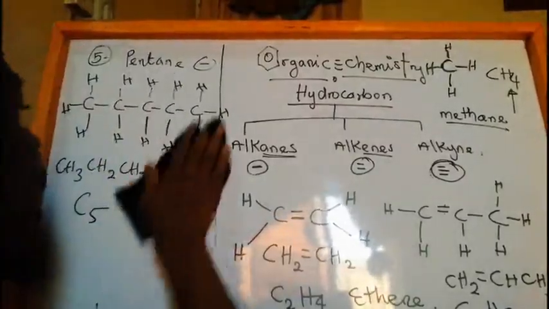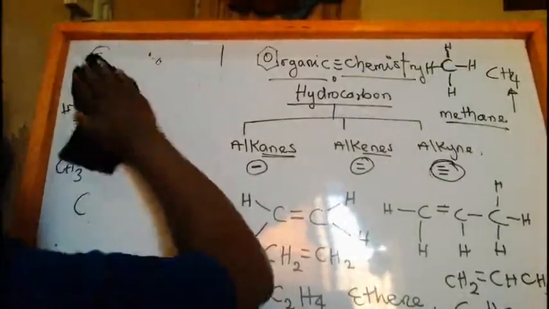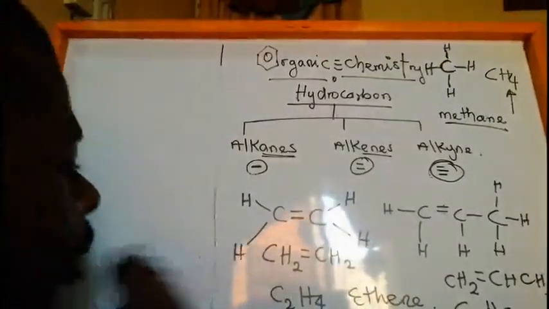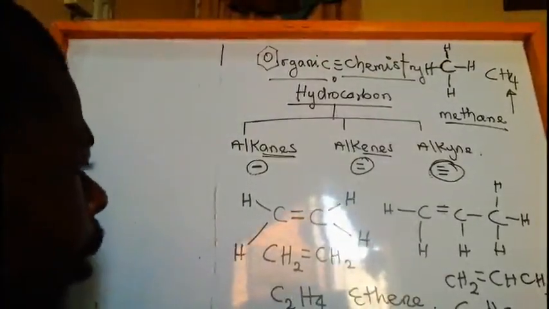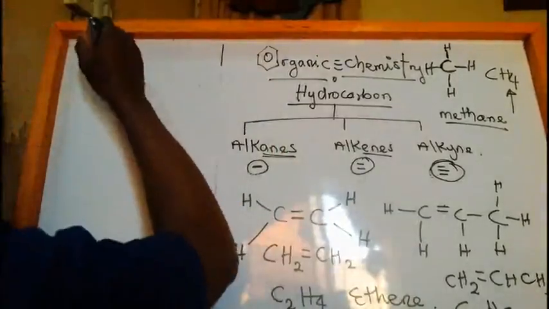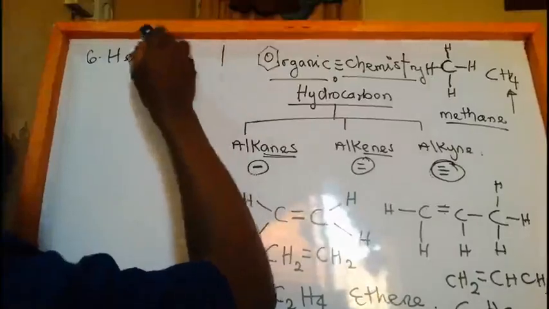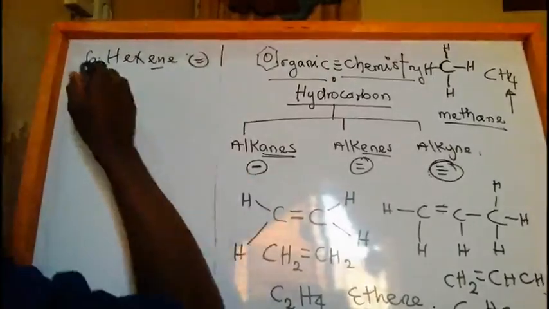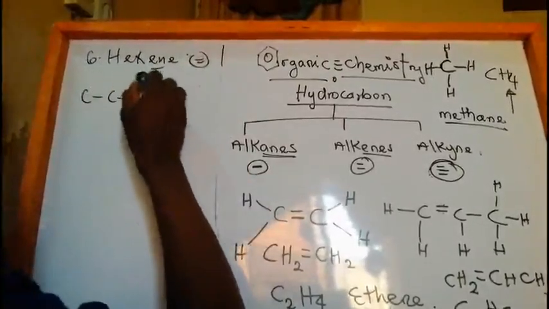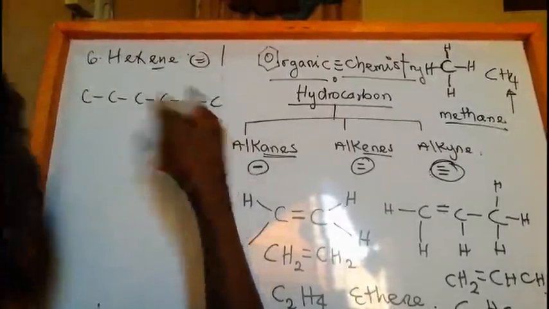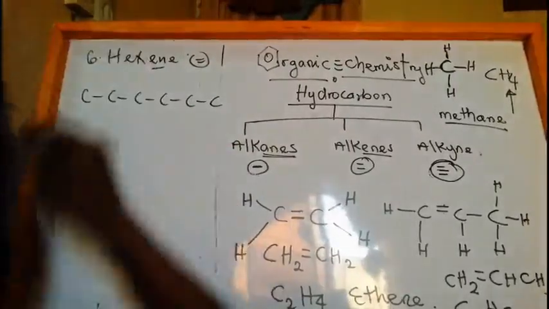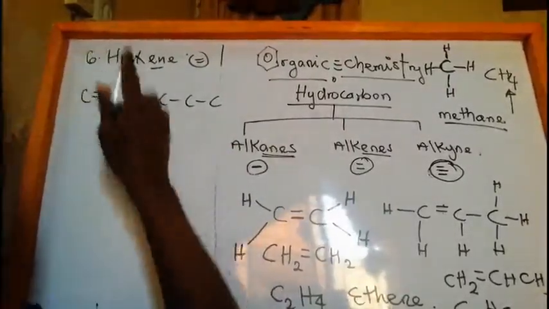So if I come back to writing it in another form, for example, let me take the number of carbon to be 6. So that's going to be a hexene for double bond. So I have 1, 2, 3, 4, 5, 6. Don't forget, for alkene there must be double bond, so I'll have something like this here.